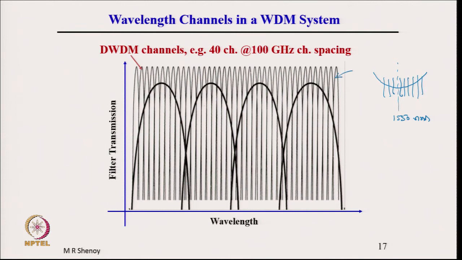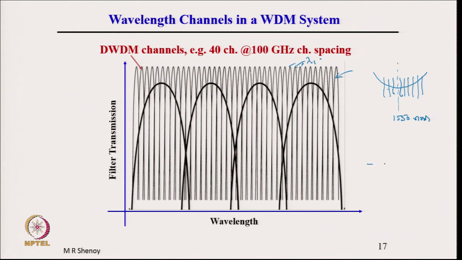These are the wavelengths, lambda i's, and what is shown is the filtered transmission. Do not bother about the darker line shown here; this corresponds to coarse WDM. What is important to recognize is that the wavelengths are packed very closely within this low loss window. The larger the number of wavelengths, the closer they are packed.